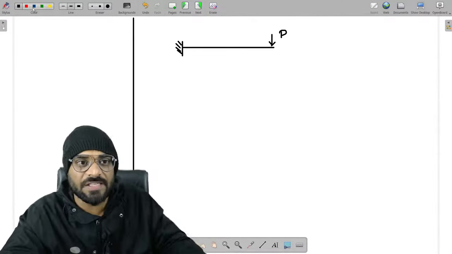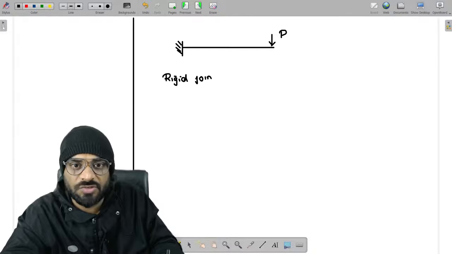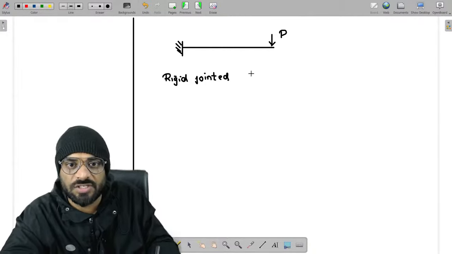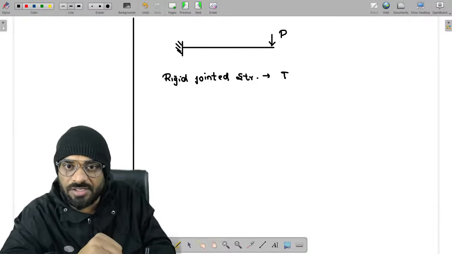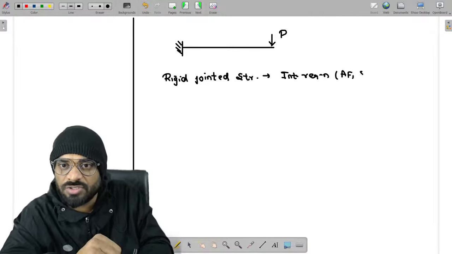So you know that guys, in case of a rigid jointed structure, there are basically three types of internal reaction: axial force, shear force, and bending moment.